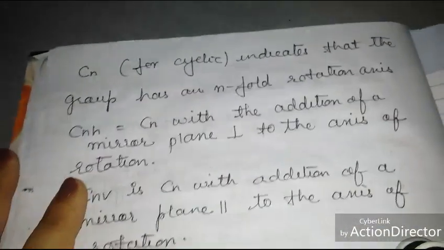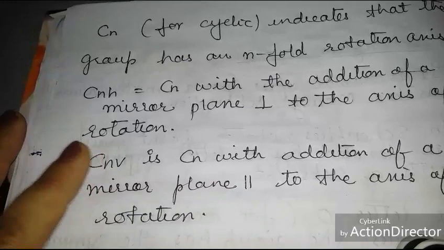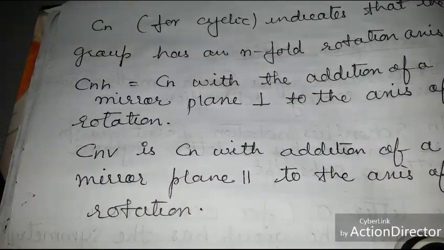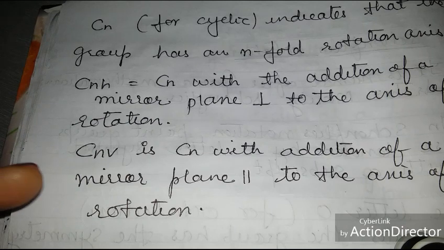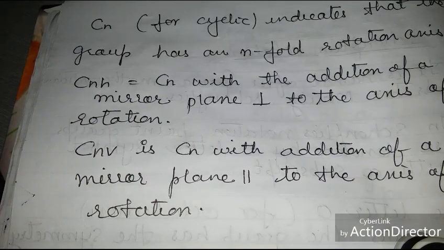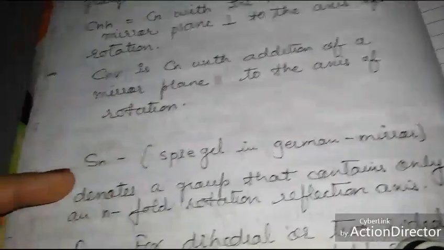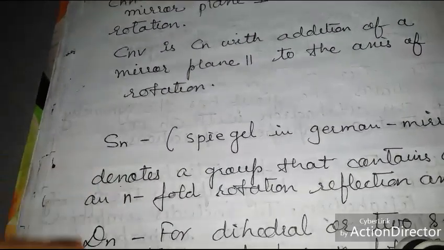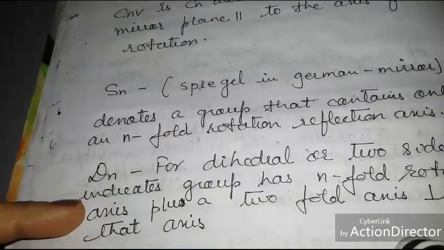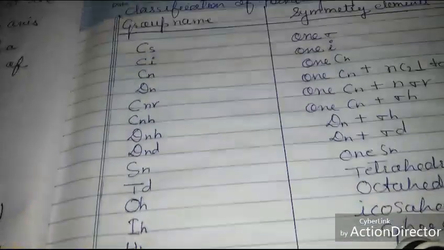Similarly, CN is for cyclic, and it indicates the group has an n-fold rotation axis. CNH means CN with addition of a mirror plane perpendicular to the axis of rotation. CNV is with addition of a mirror plane parallel to the axis of rotation. SN is a rotation-reflection axis, and DN is for the dihedral. So this is how I have grouped them.